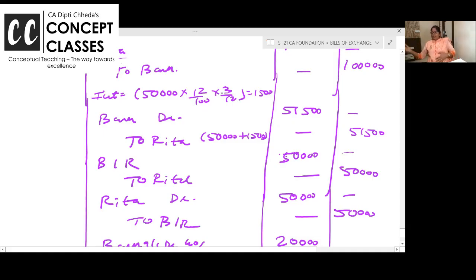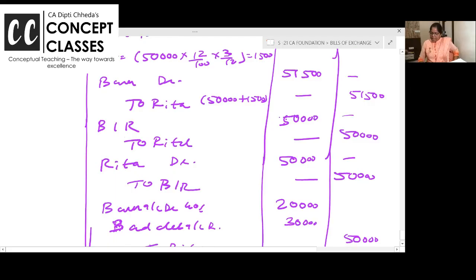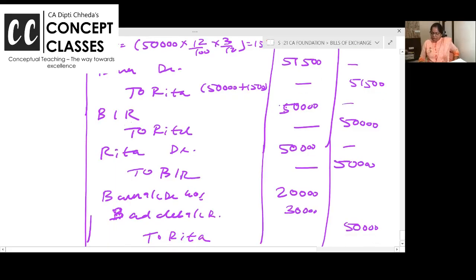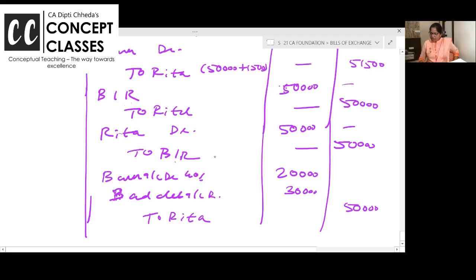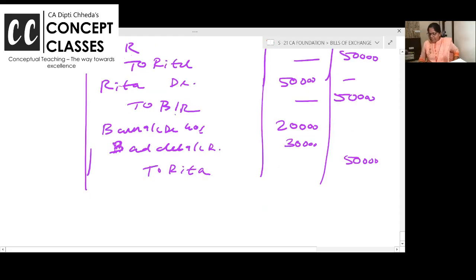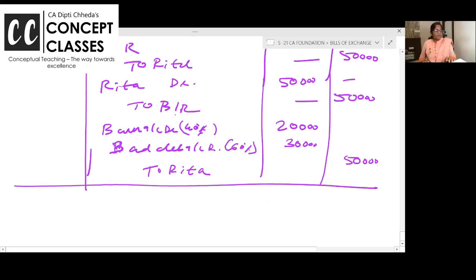Next 3 months, and one more bill we have drawn. Again, the second bill also got dishonored. So now finally Rita gave 40% in cash and 60% is bad debt, and the problem is over. Nice, clear.